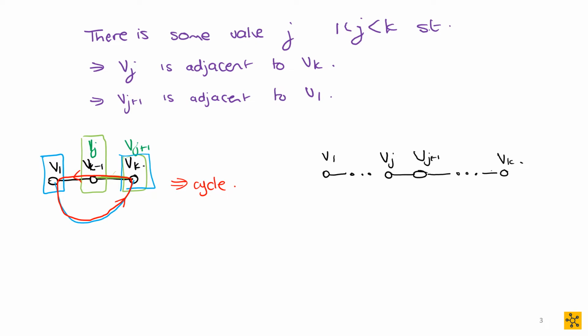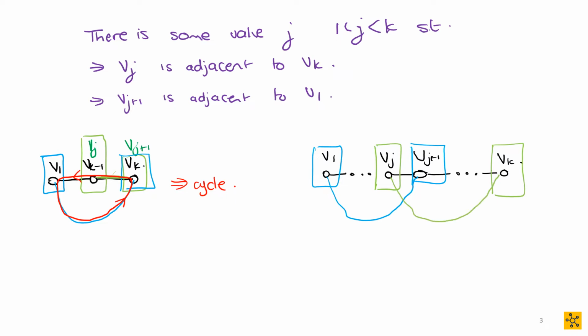And again, it's saying that our V1 is adjacent to our Vj plus 1, which means there's an edge over there. And it's also saying that our Vj is adjacent to our Vk, so there's an edge over there. And this allows us to have a cycle because we can go a nice figure 8 kind of style that spans all the vertices of this longest path.